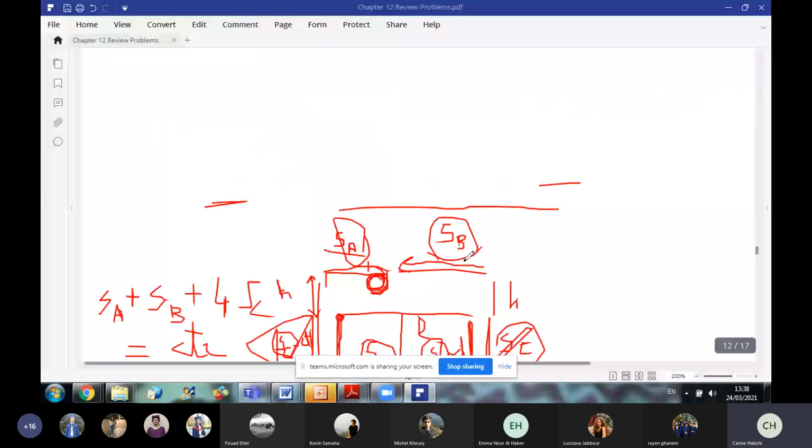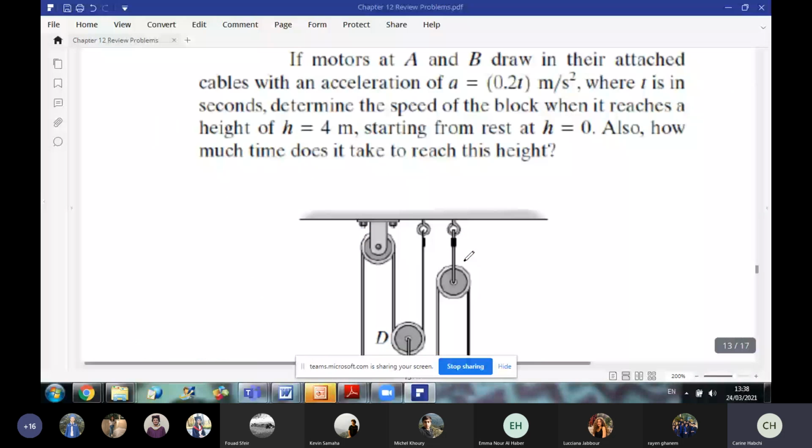So now we will solve problem 11. We have two motors A and B drawing in their attached cable with an acceleration of 0.2t. So here we have motors that are drawing cables inside the motor at an acceleration that varies as a function of time.